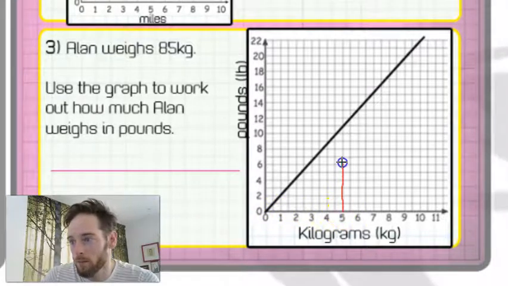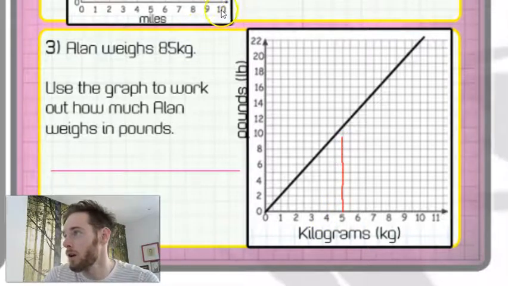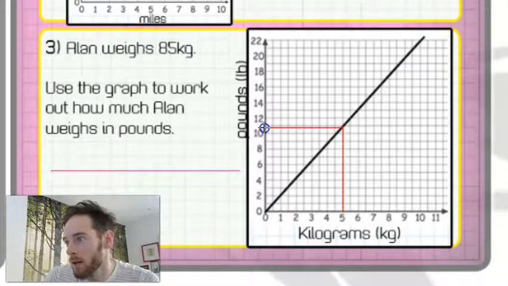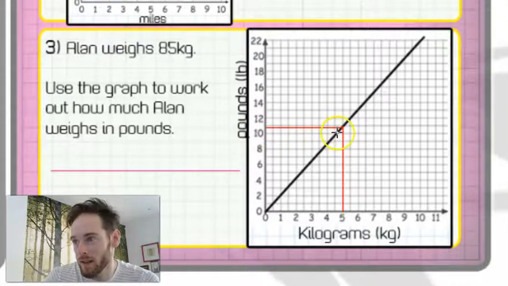Oh, I'm still in line mode. Not in line mode, freehand mode. So let's go up to 5. Okay, hit the line, go across, and say that is approximately, it's just under 11, isn't it?